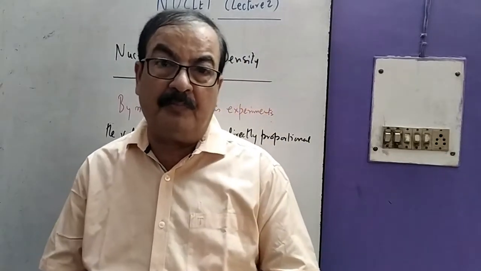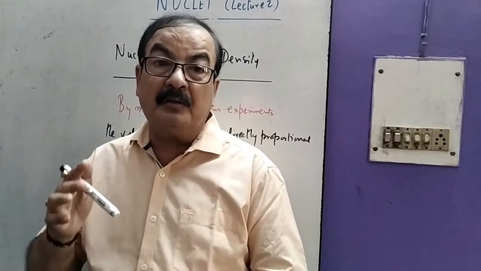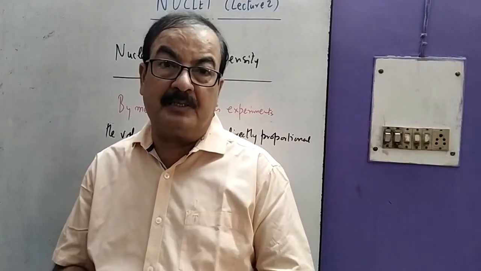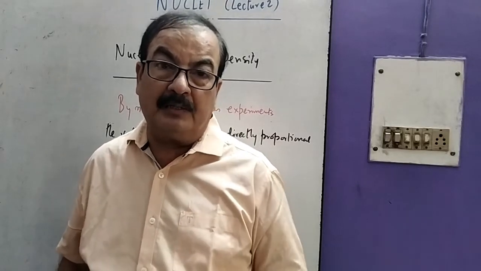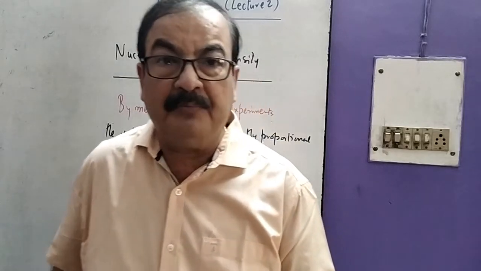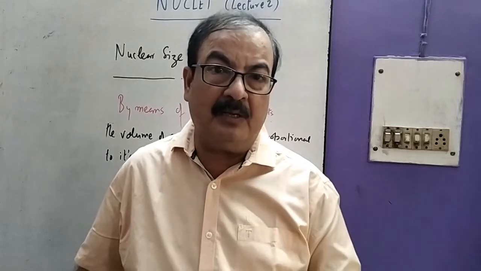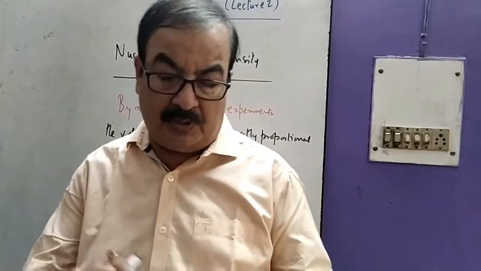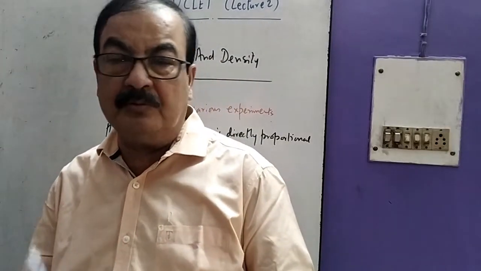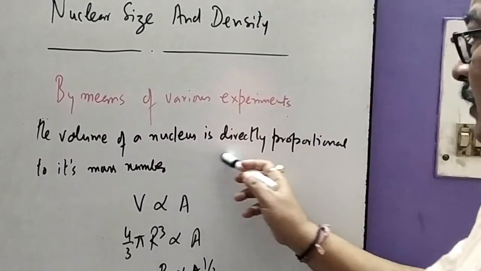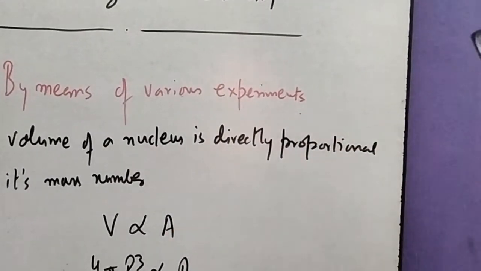size of the nucleus, the volume of the nucleus, is directly proportional to the mass number of a particular atom. When we consider any particular atom, it must have some mass number as well as atomic number. By means of various experiments, it has been established that the volume of the nucleus is directly proportional to the mass number.